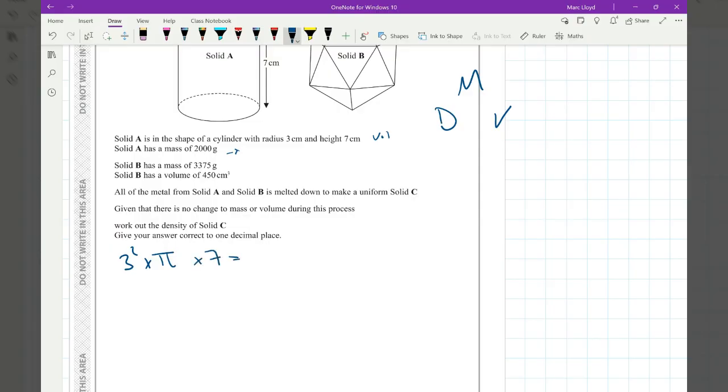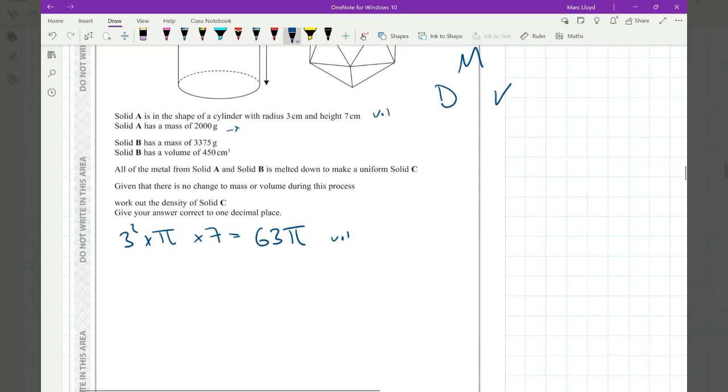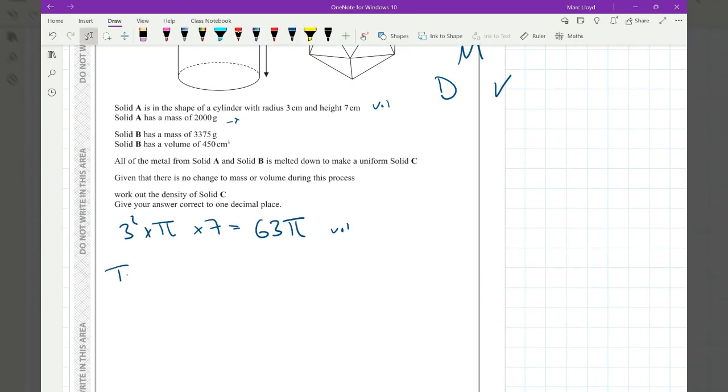I'm going to go back to the nice calculator. Times by 7. So the volume of that's just giving me 63 pi. It's funny. So that's the volume. The mass is 2,000. So the total mass is 3375 plus 2,000.